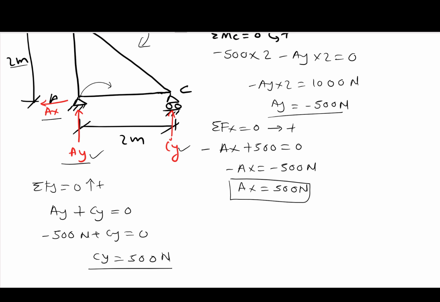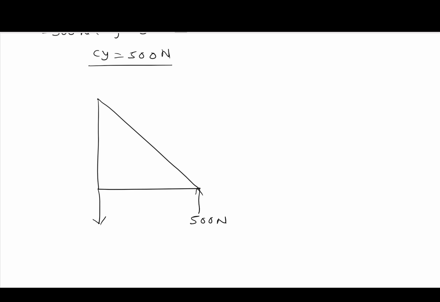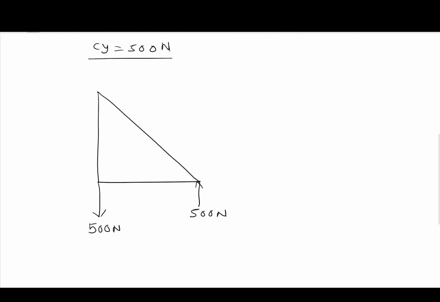Once we find these 3 reaction forces, we can draw the free body diagram by putting those forces. CY is 500 Newton. We got this reaction as a minus, so I put a positive value and change the direction. The initial direction was upward, so I put it downward and make it positive. This horizontal reaction force is 500 Newton, and we have the external loading 500 Newton.